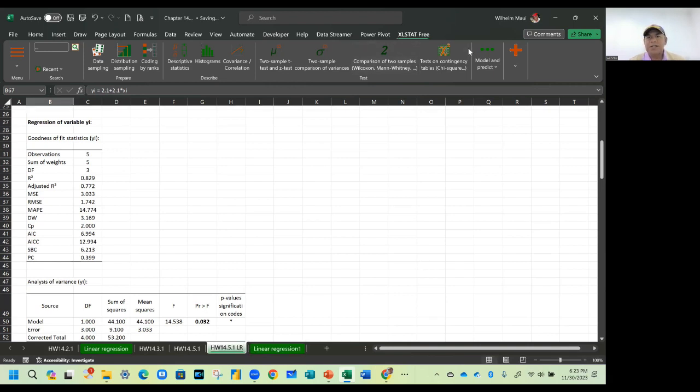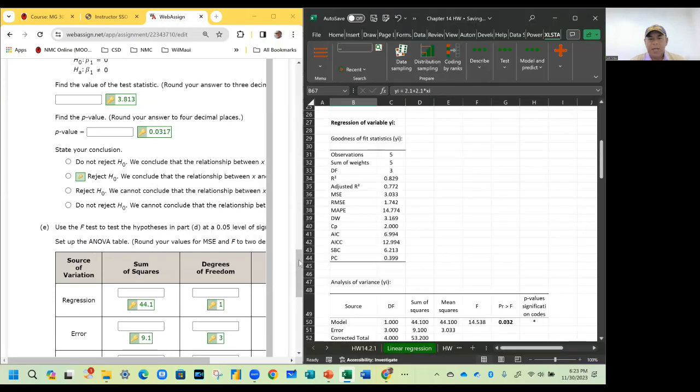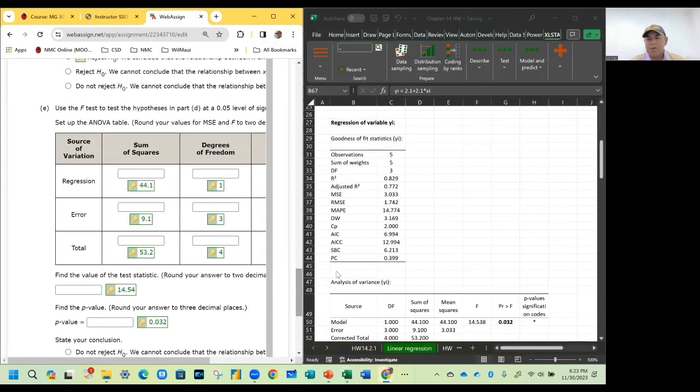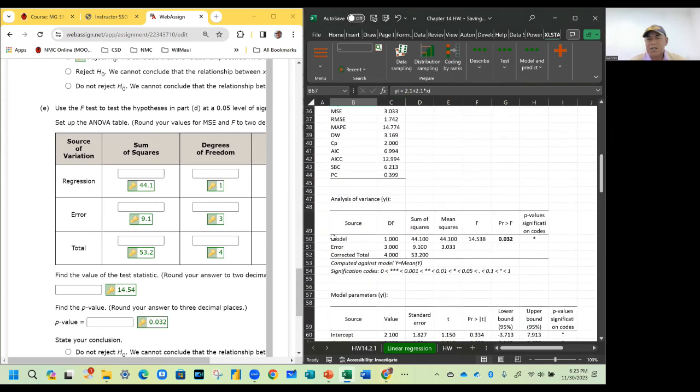Okay, so the rest of it is, if I can move this away, we can see that if you go back, you can populate these values now, no? Either way, you can use the run that you got from Excel Stat. So here's your ANOVA, no? Here's your ANOVA.